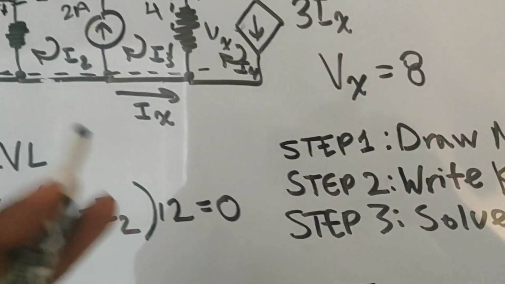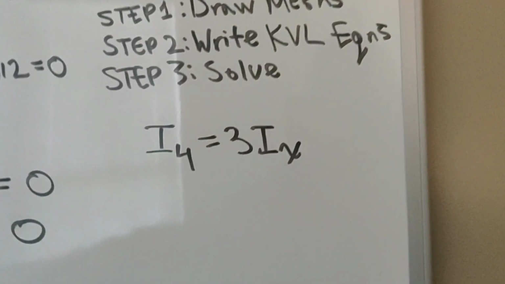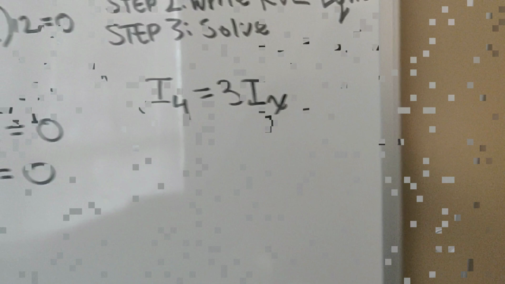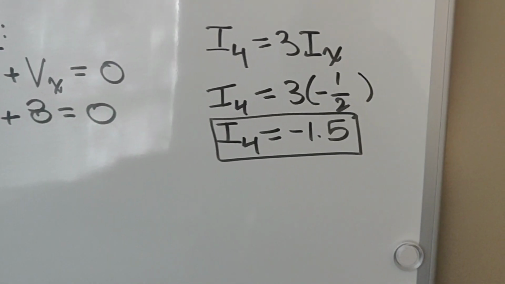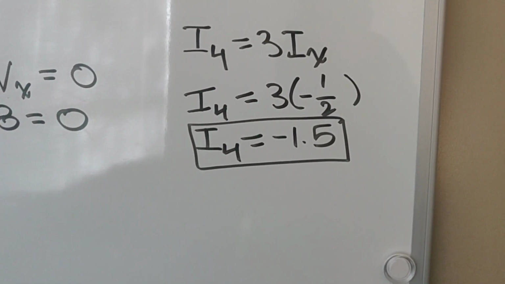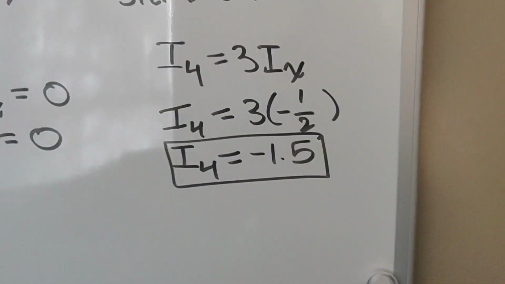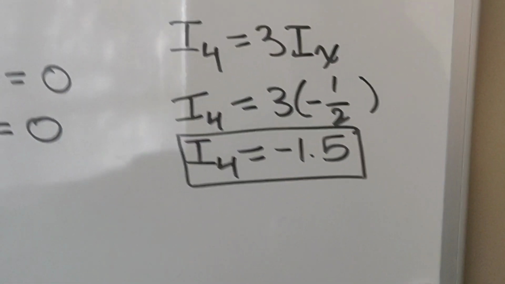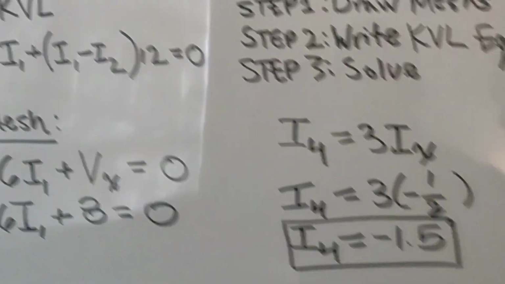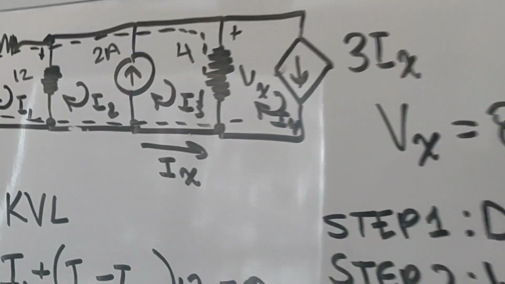When you do the algebra, you'll get Ix is equal to -1/2. All right, so Ix is equal to -1/2, and when you solve that out, you'll get I4 is equal to -1.5.